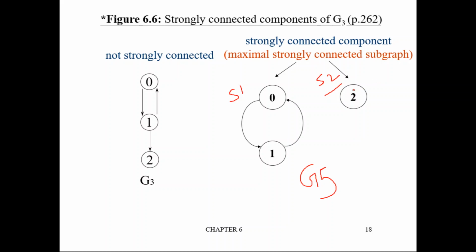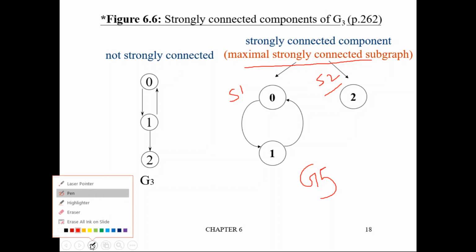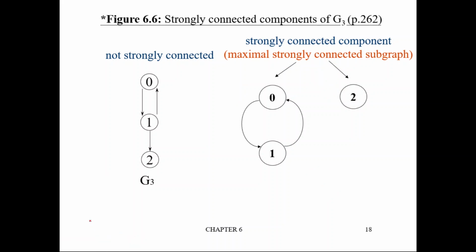So this graph G5 contains two strongly connected components. These two are the maximal strongly connected subgraphs of this graph G5. So this is about maximal connected subgraphs and maximal strongly connected subgraphs.